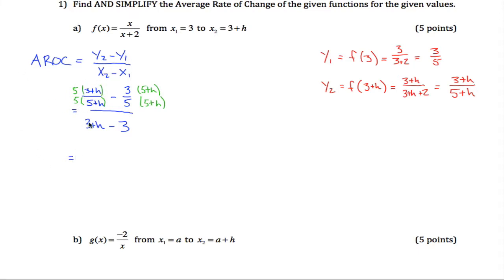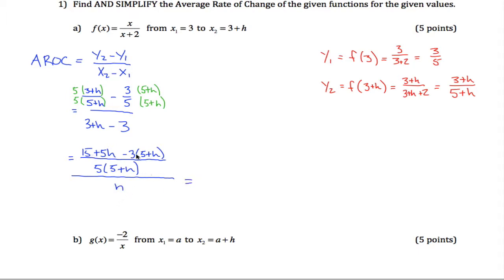If you do all that, you get 15 plus 5h on the left, then minus 3 times 5 plus h on the right. All that is over my common denominator of 5 times 5 plus h, and all of that is over 3 plus h minus 3. 3 minus 3 is just 0, so this is all just over h.